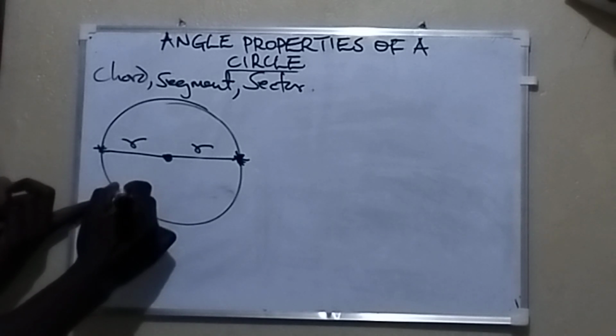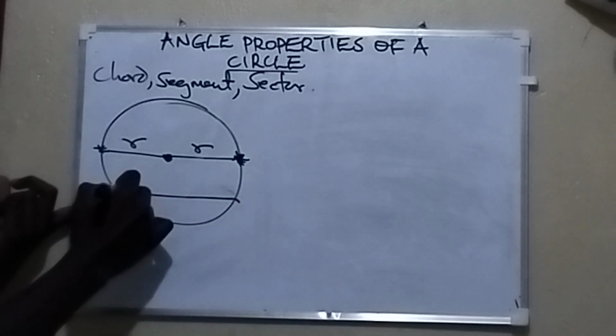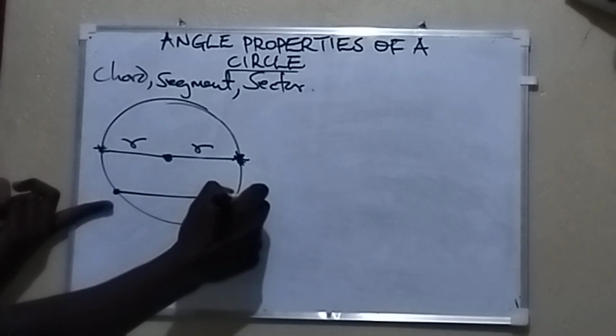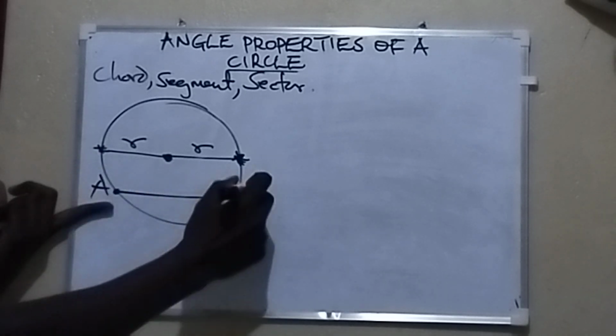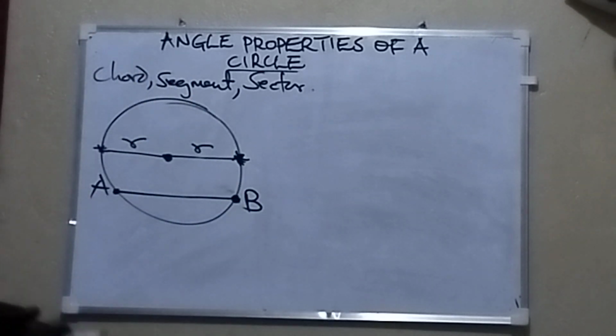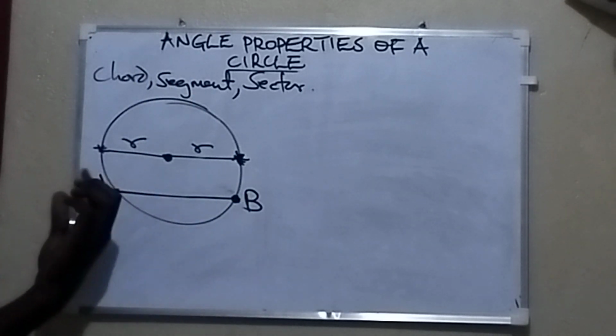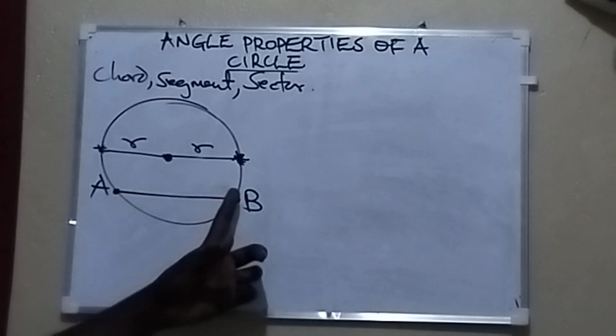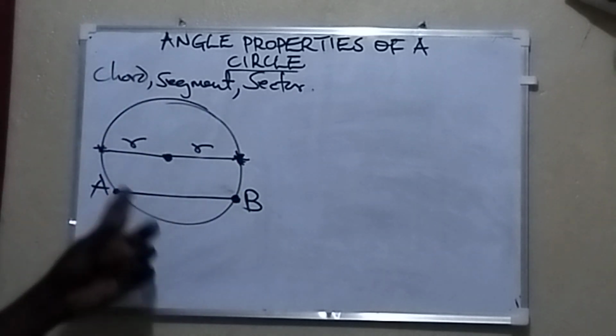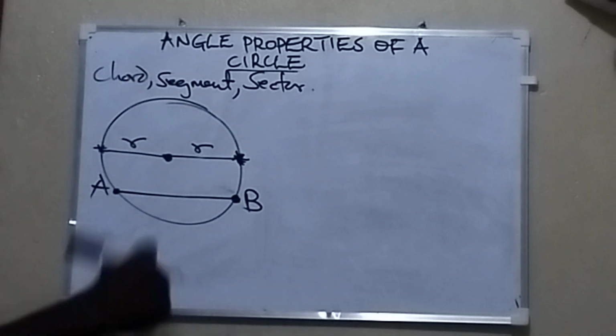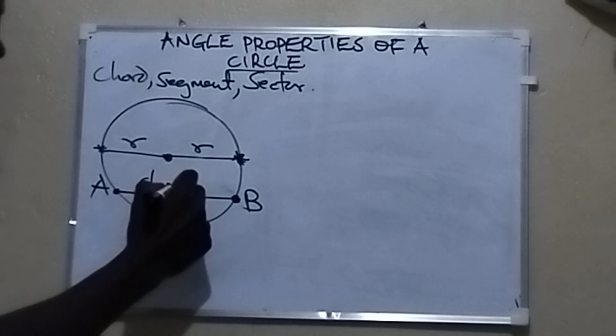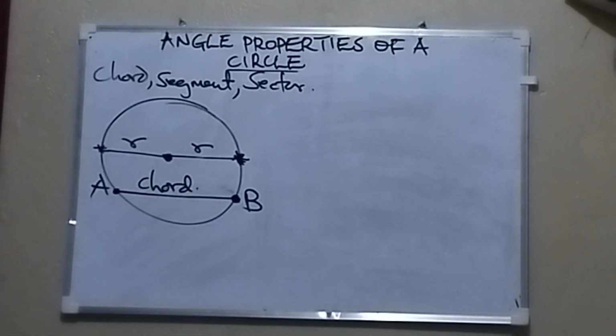So if you have a line, any line can be in any direction. Let's say you have this line AB, a straight line. So if you have a straight line AB joining any 2 points on the circumference of this circle, then we have a chord.